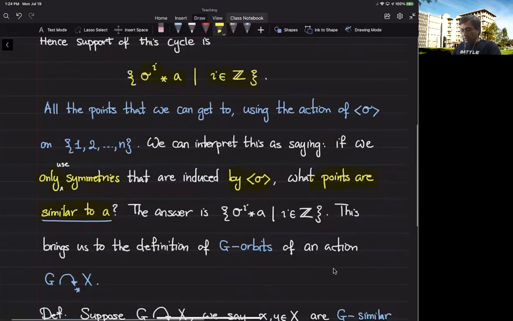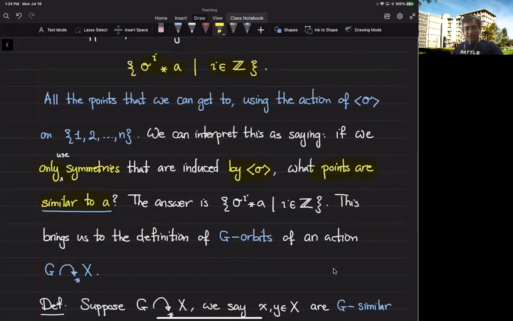Now, this brings us to the definition of G-orbits for an action of G on a set X. So again, I'm letting G act on this set X, but then I don't allow all the other symmetries. I just focus on G, and I ask myself, if I start with a point small x, what other points are G-similar to this point?